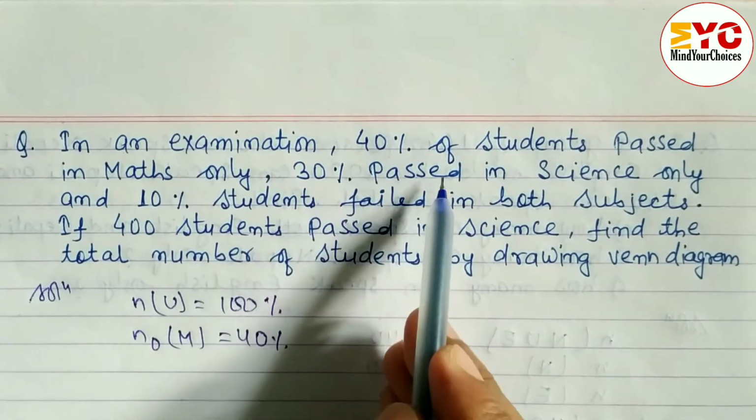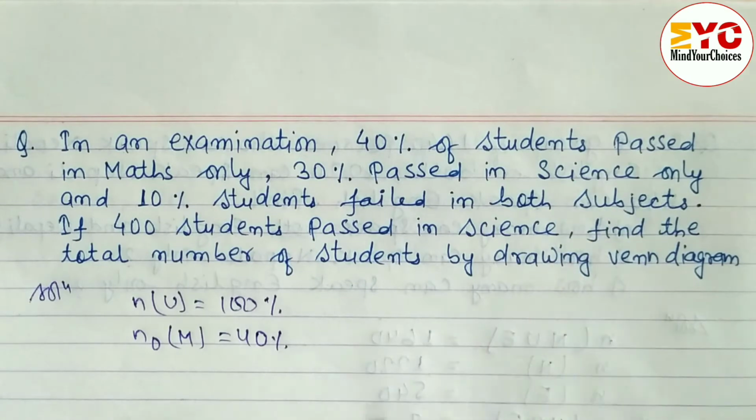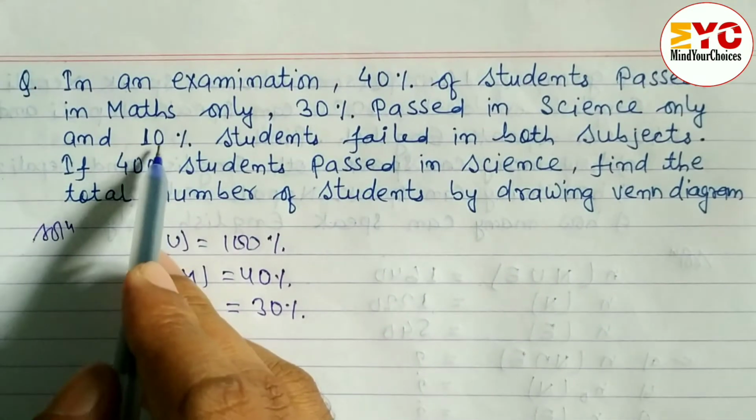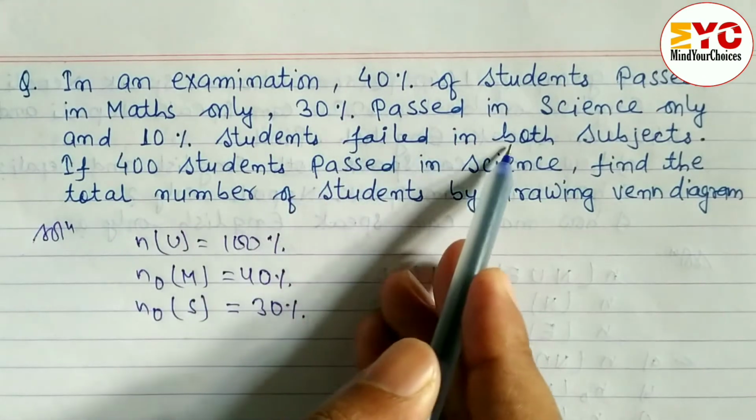Similarly, 30% passed in science only, so n(only S) is equal to 30%. Similarly, 10% of students failed in both subjects.